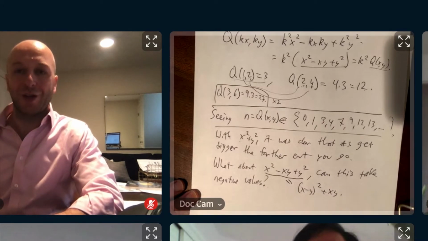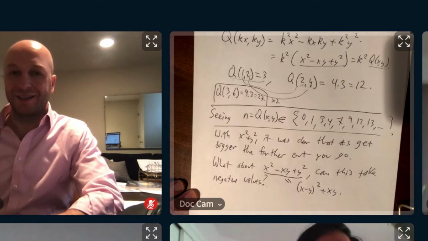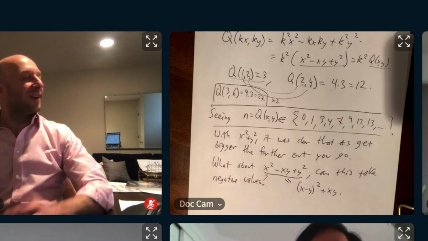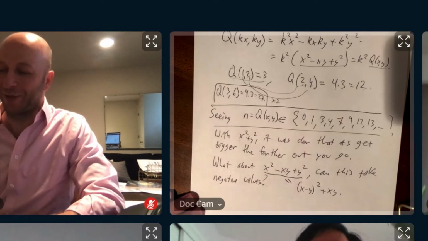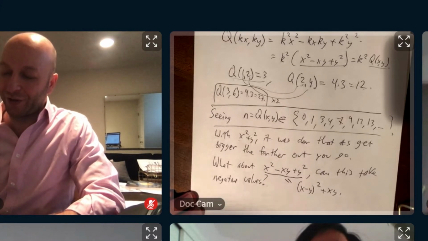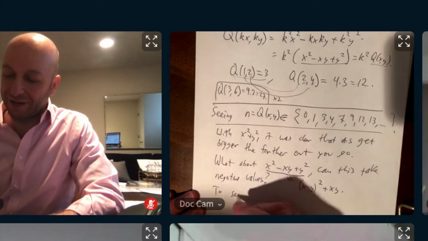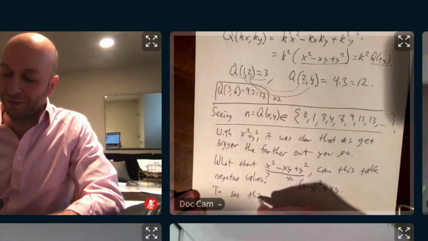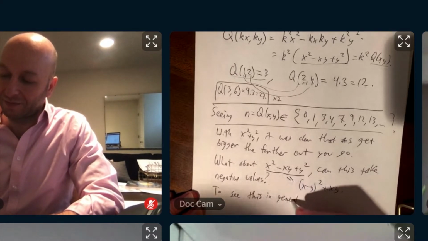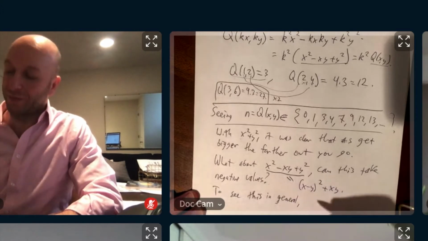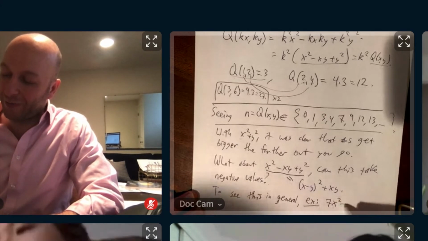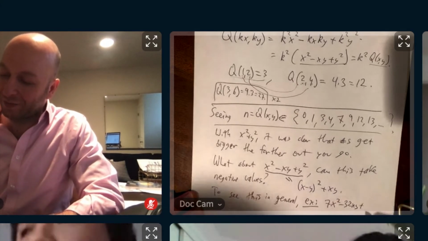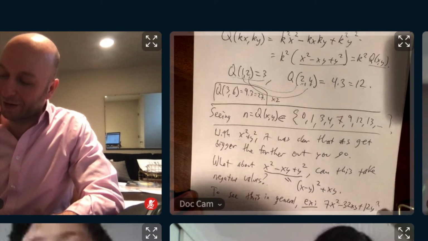Here's a way that you can, this will bring you all the way back to high school or middle school or something. To see this in general for a general form, for example, 7x squared minus 32xy plus 12y squared.